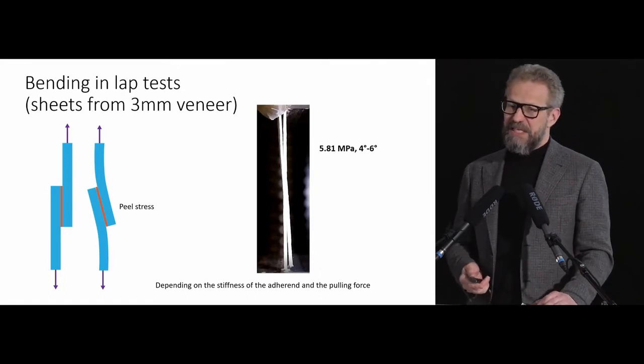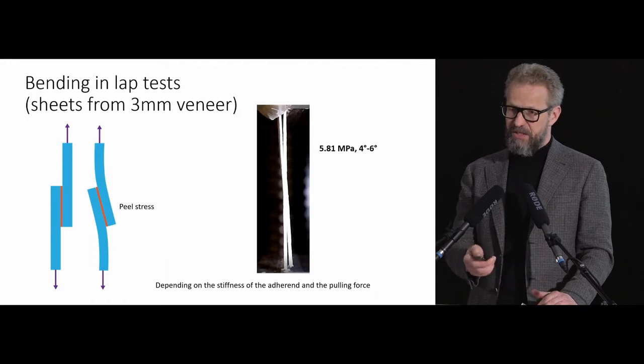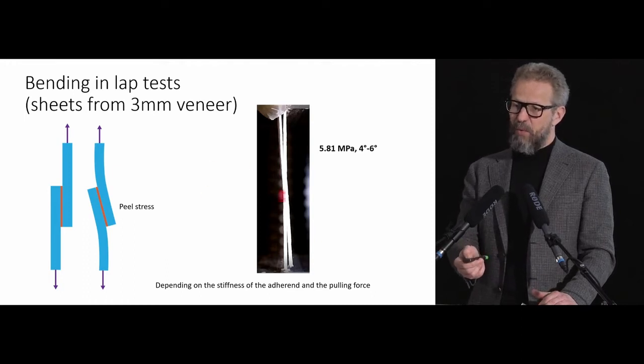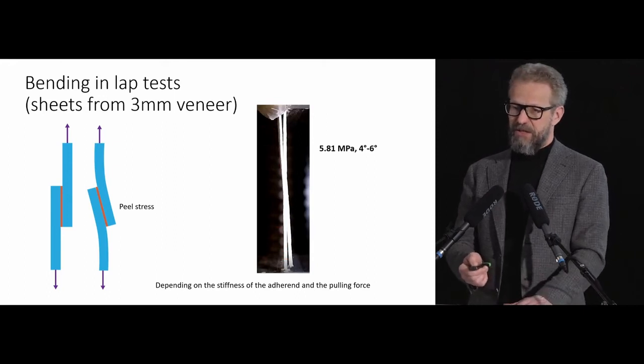One of the reasons is, as you can see here, I think this is not a video, this is the way the cellulose samples were actually tested in the tensile tester.